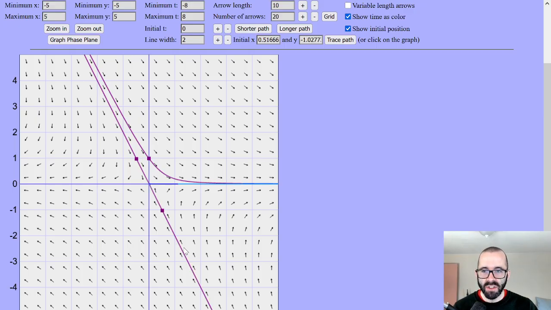We get essentially a straight line right here, depending on your initial condition. That straight line is going to be very, very meaningful, and we're going to talk about where that straight line comes from in Chapter 3. We've actually seen it already in a previous section in Chapter 2, and it's going to have to do with eigenvalues and eigenvectors, and it is going to be a big part of looking at linear systems with constant coefficients.